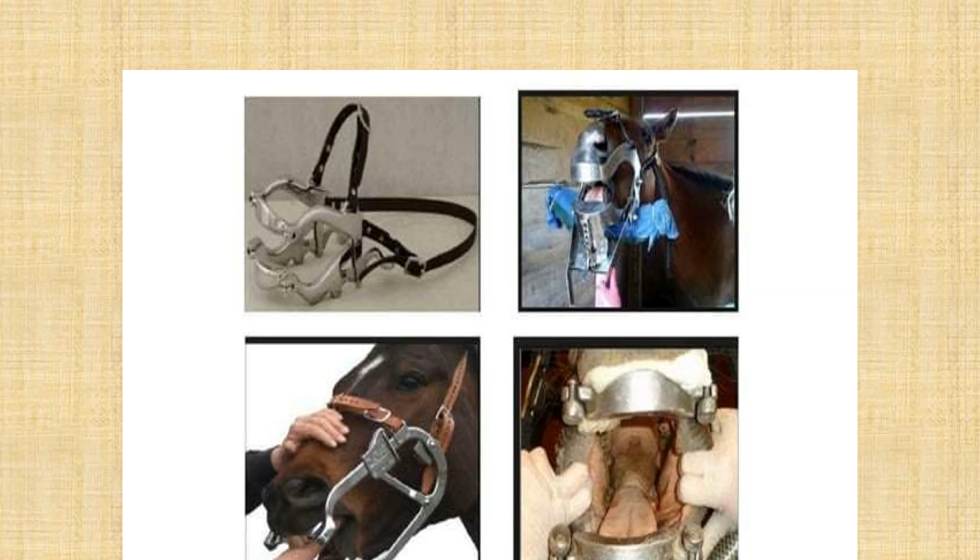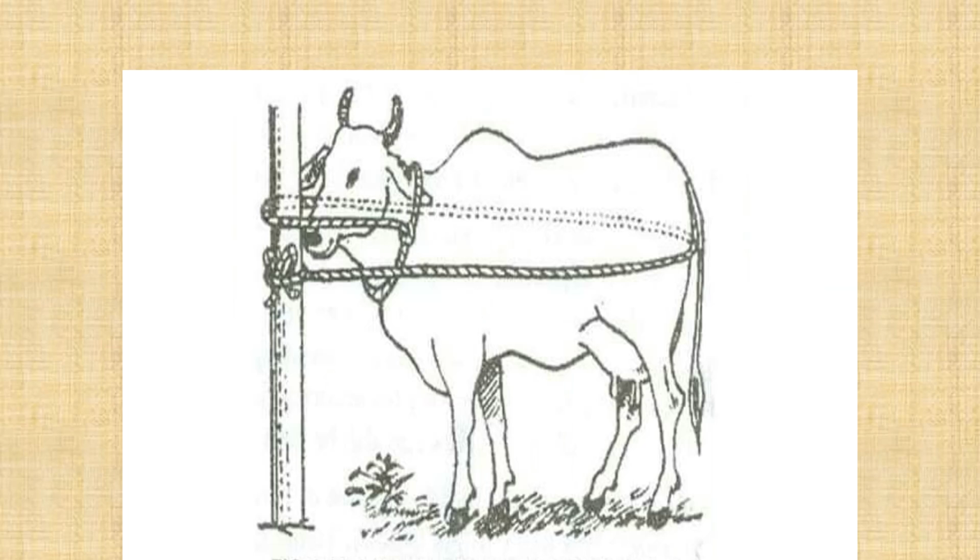These are all different types of equipment, protective gloves, etc., that need to be worn by a veterinarian who is going to handle a ferocious animal. Self protection is always very much required.